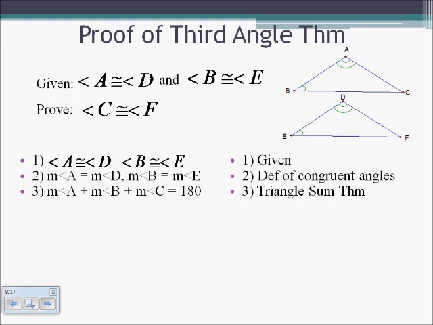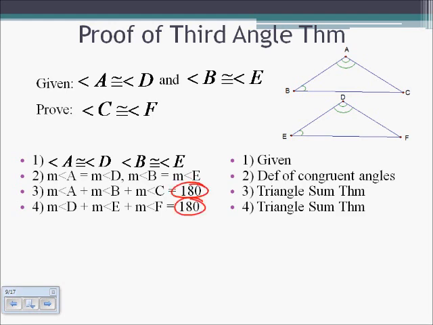So if we know that ABC equals 180, we can say the same thing about triangle DEF, that the measure of angle D plus E plus F is equal to 180 degrees by the same reason. So we've given a statement about the triangle sum theorem. We notice that we have 180 here and 180 here.